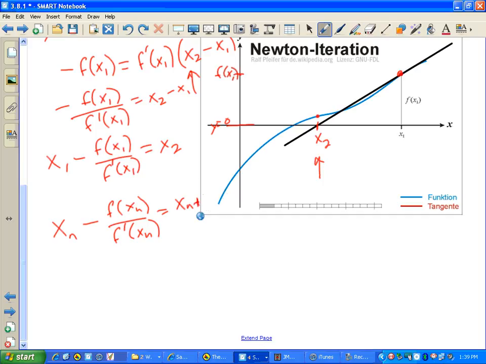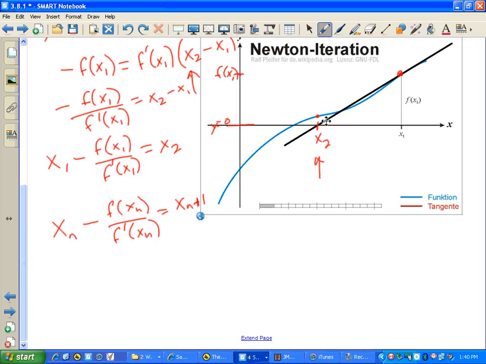So the x to the n plus 1. Okay, so it could take us from 1 to 2. Then I could use 2. Okay, put 2 in. So the second x value I get would give me the next x value, the third x value. The third x value would give me the fourth, the fourth, the fifth, the fifth, the sixth.